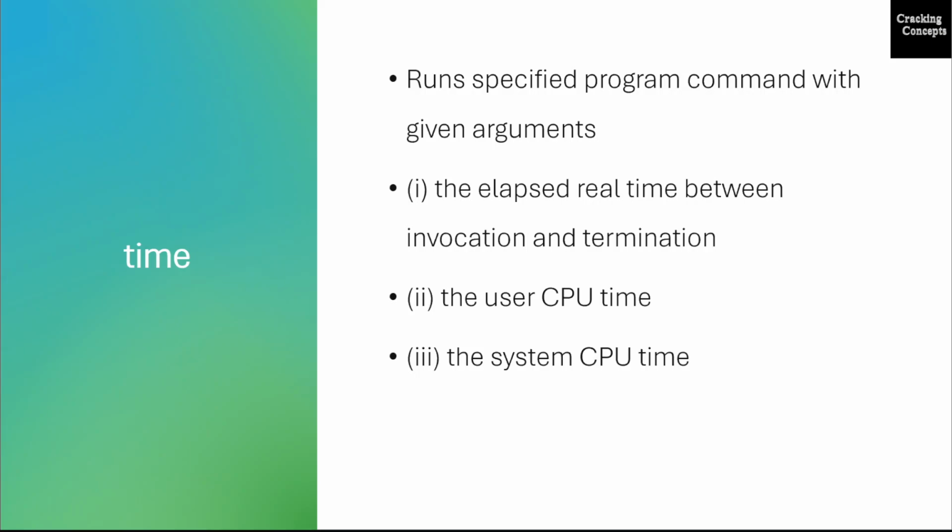The third one is the system CPU time, which is the time the kernel spent handling system calls for the process, and the cumulative system time used by all the finished and waited for child processes.